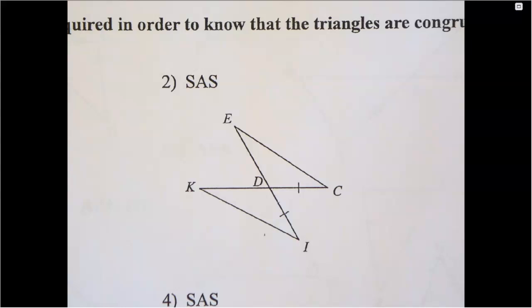And then what's the version of that side in this triangle? If I'm going to say side ED, that's this guy here, is congruent to what? What's the side in the other triangle that would have to match? AD or TK, whichever way you want to say it. That guy and that guy would be the same.